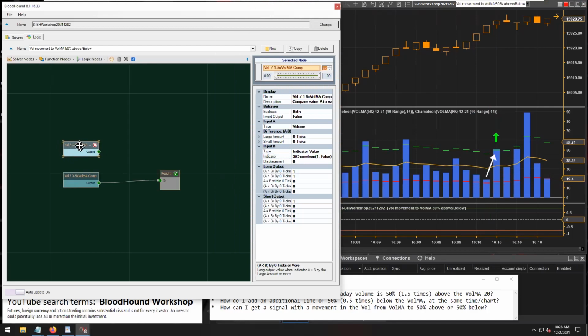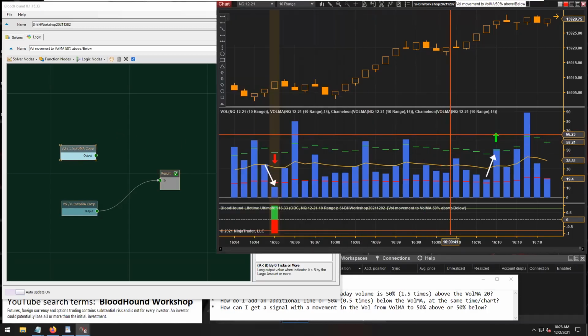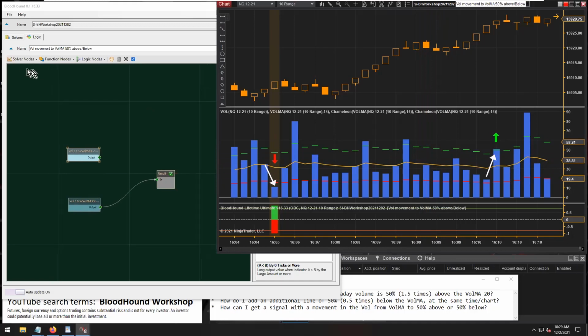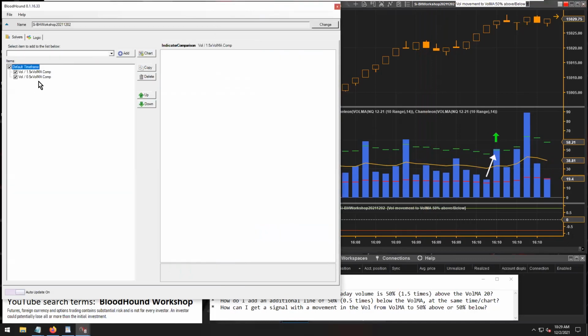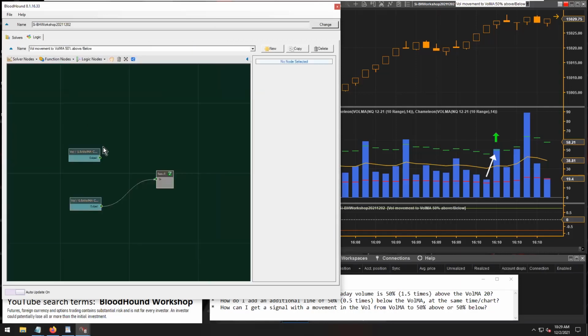So we can basically add filters to these here. So we need to now detect when volume is in the middle, in this middle zone here. So we're going to need another comparison solver here. Well, there's a couple of ways we can do this. Either way is fine.